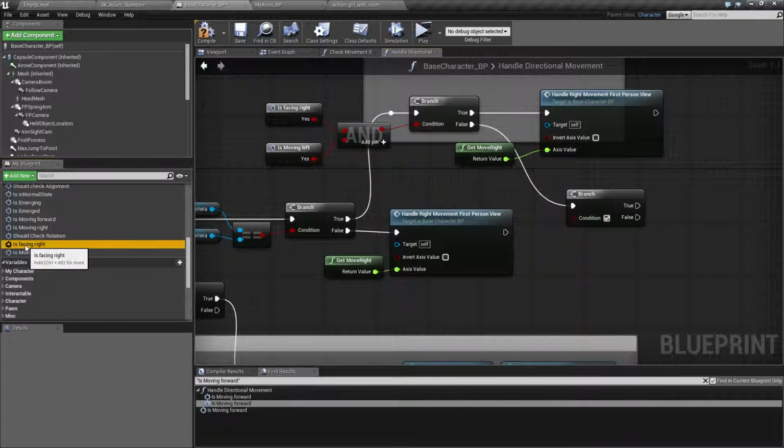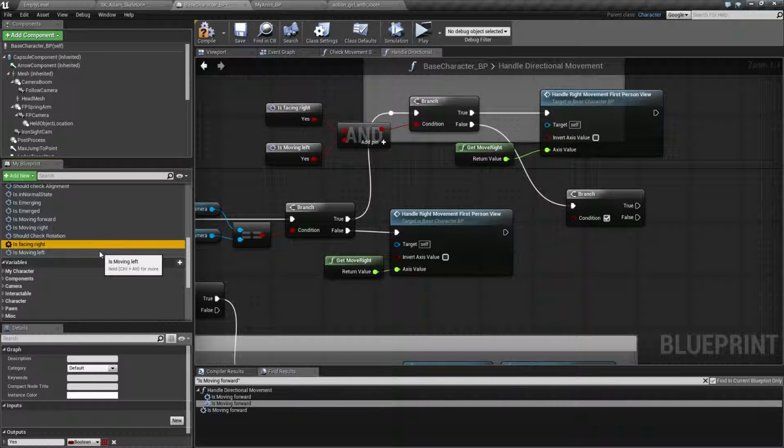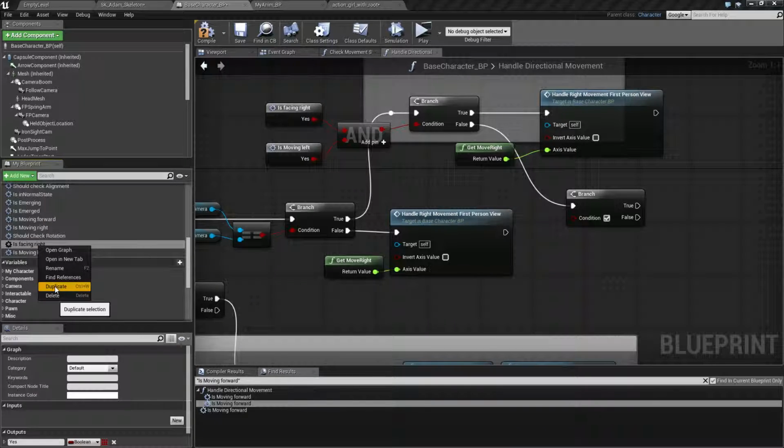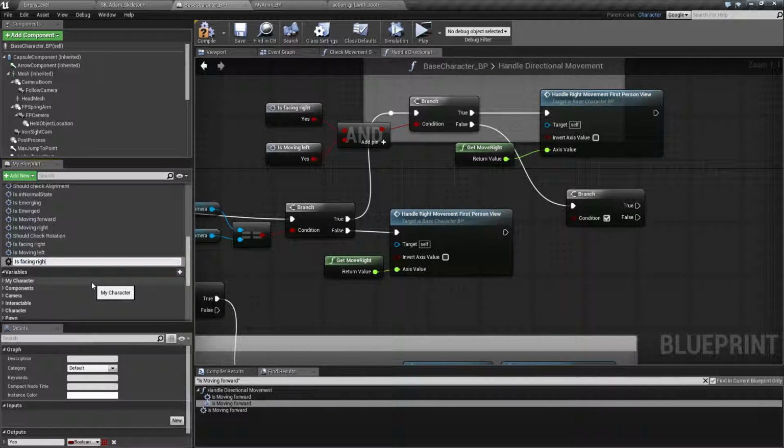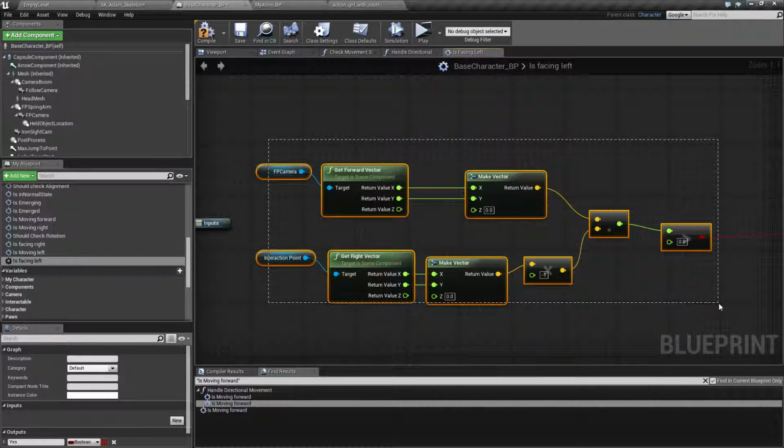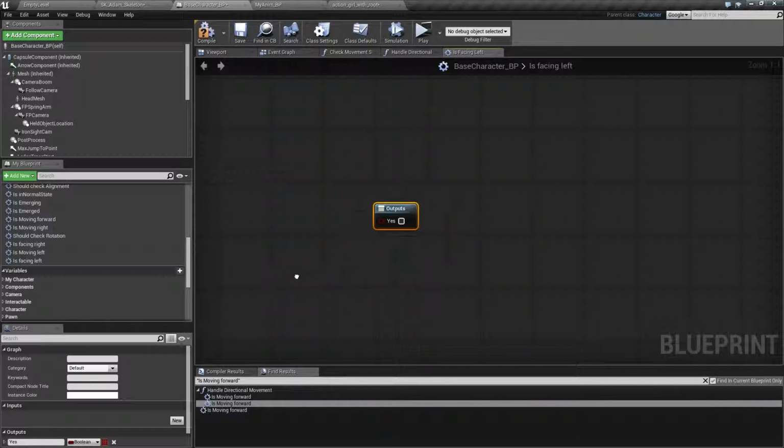Are we facing left? Let's just duplicate this and say it's facing left, and open that one up and say we are facing left if we are not facing right.